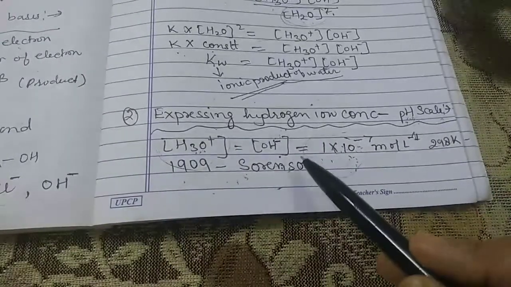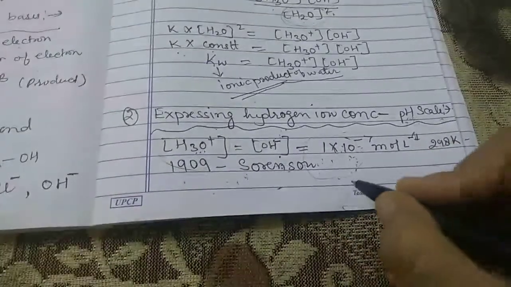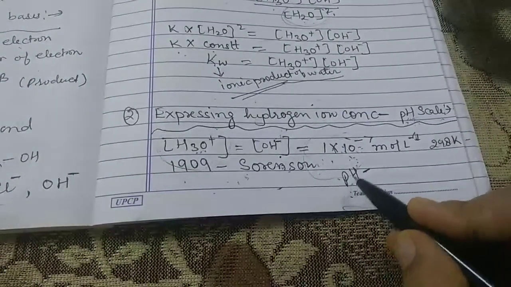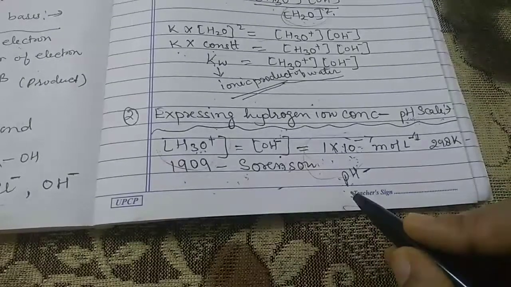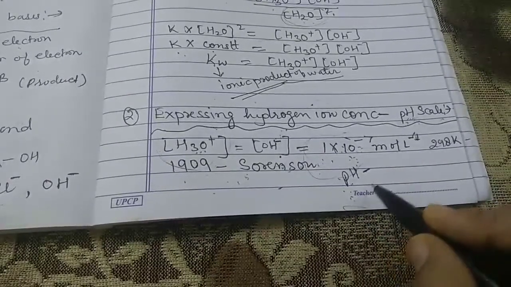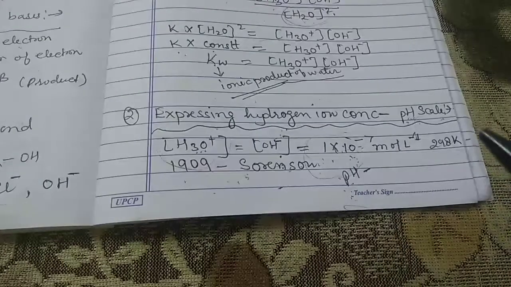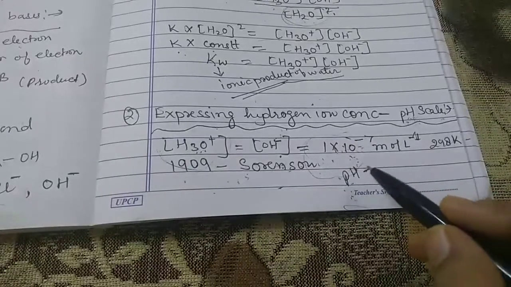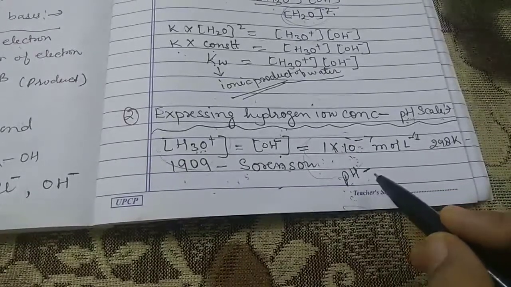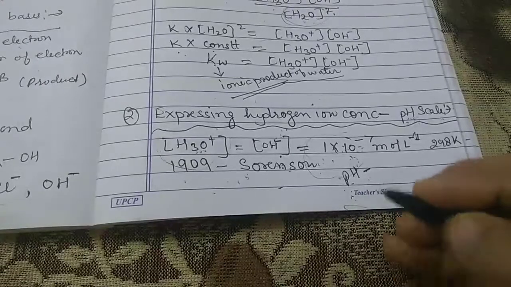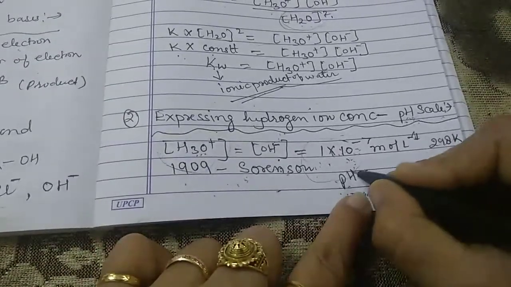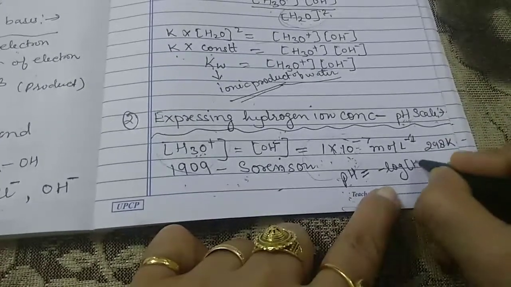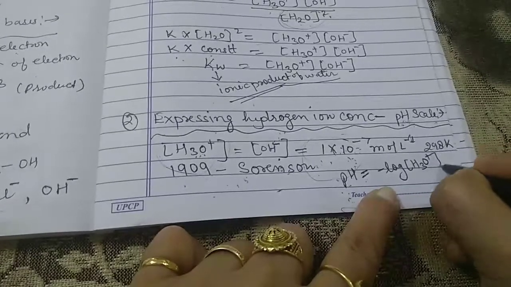The pH of a solution is defined as the negative logarithm of the hydronium ion concentration in mole per liter, and mathematically it is expressed as pH is equal to minus log H3O plus.